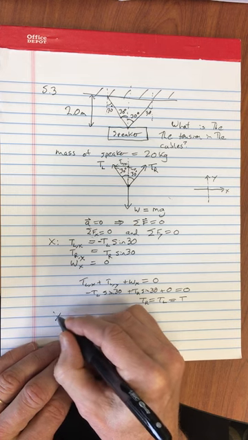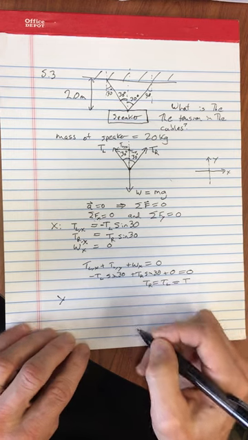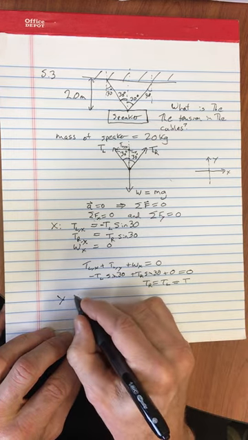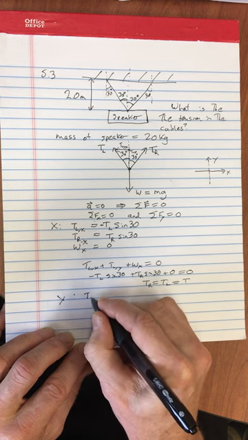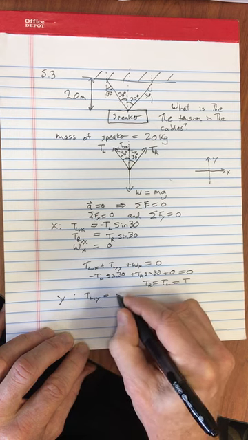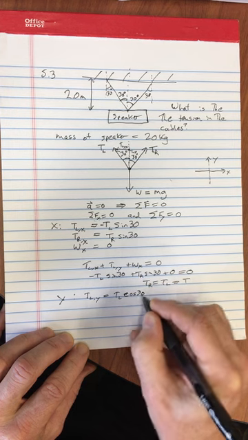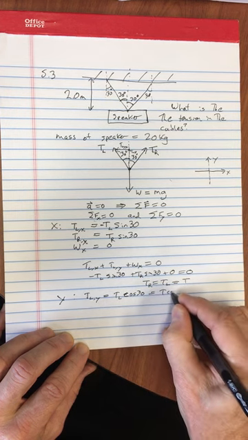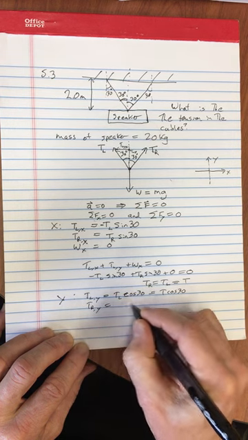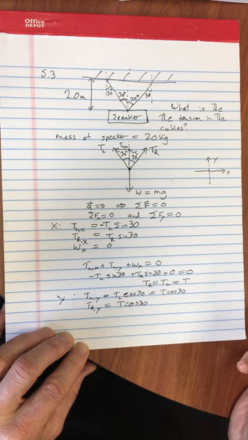And now we have to look at the Y component of the force vectors to figure out what the magnitude of that tension is. So what are the Y components? TLY is pointing up. It's TL cosine 30. Sorry, we're just calling that T cosine 30. And TRY is just T cosine 30 also.